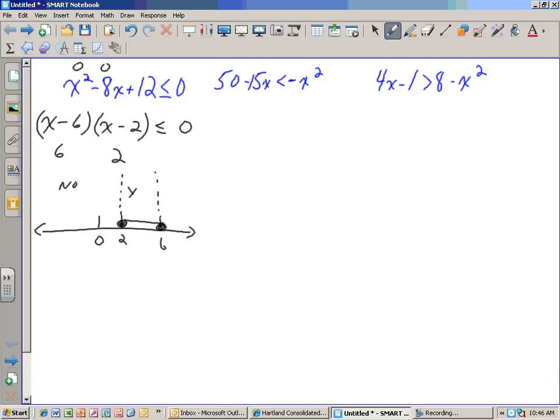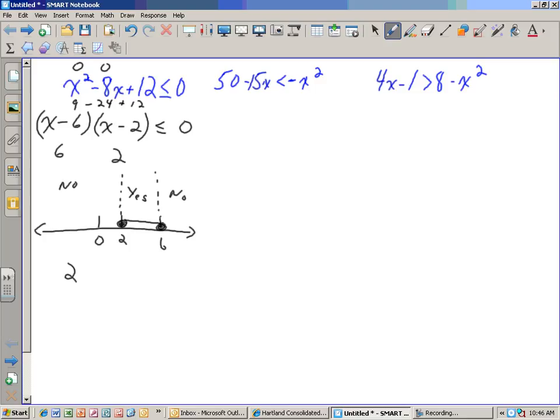If you pick 3, 3 squared is 9. 8 times 3 is 24, plus 12. 9 minus 24 is negative 15, plus 12 is negative 3. And that's less than 0, so it works. And if we picked a number to the right of 6, that would not work. Okay? So my solution here is all x values between 2 and 6.